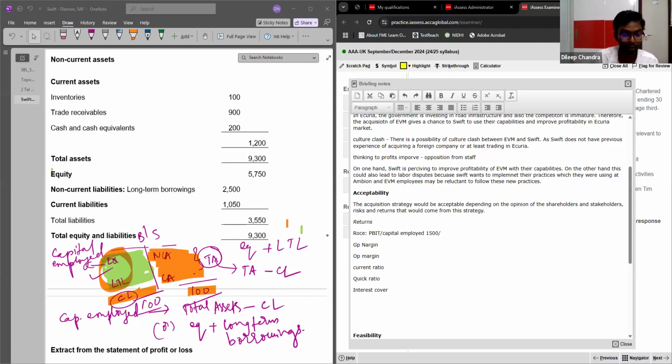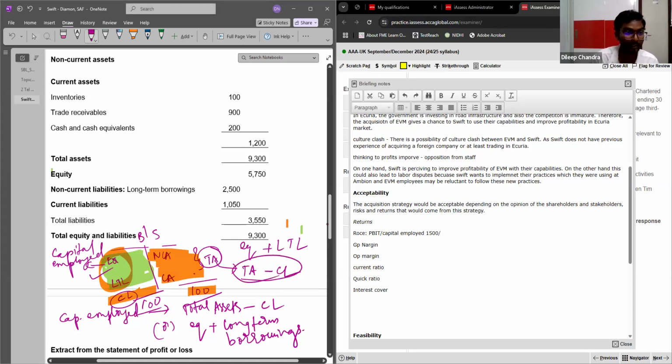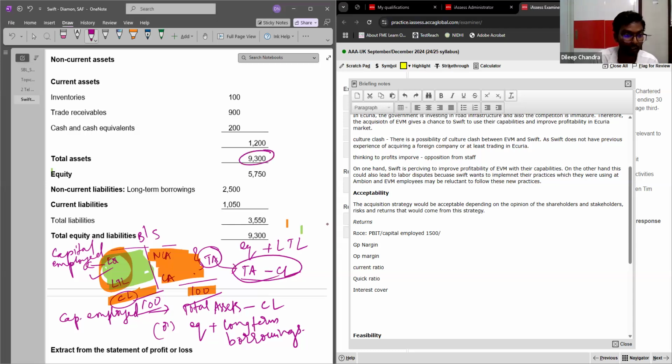All right. For our simple understanding, I'll use total assets minus current liabilities. Total assets are 9,300. Current liabilities are 1050. So 9,300 minus 1050.